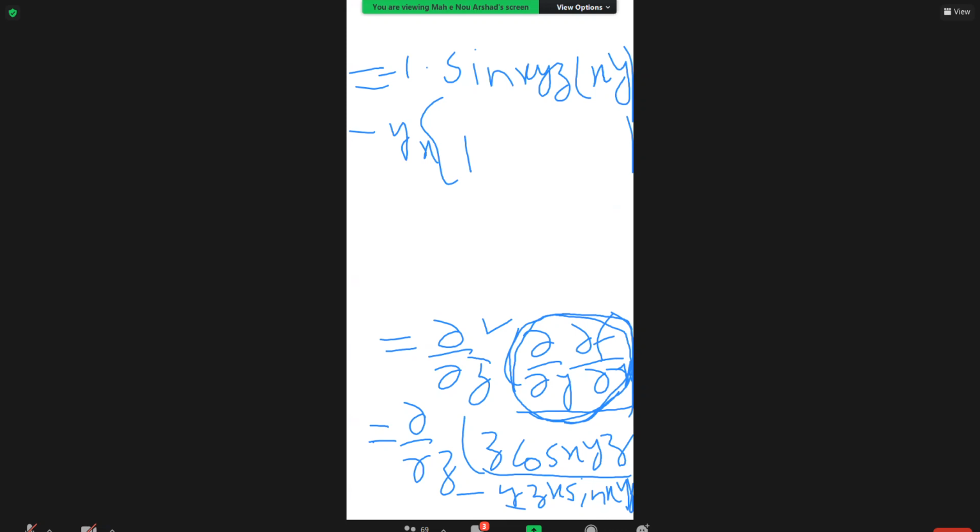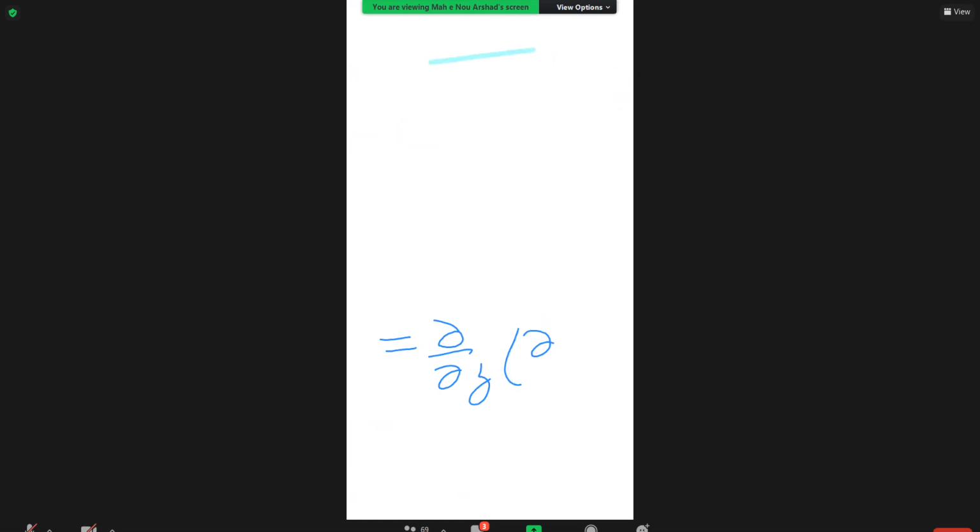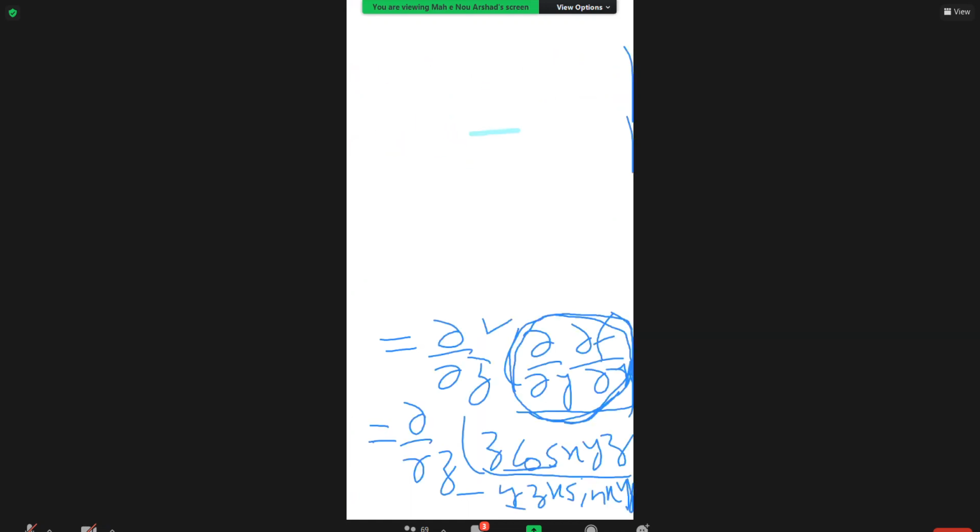And I will also take the derivative of this one, cos, using the product rule. Let's see once again. I have taken both derivatives in the same term; I will take them separately. The derivative of z is equal to 1 and cos xyz as it is.